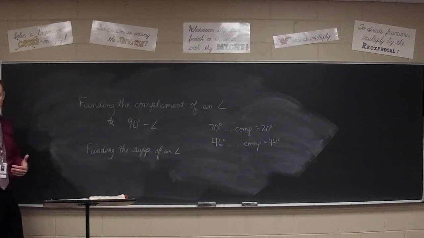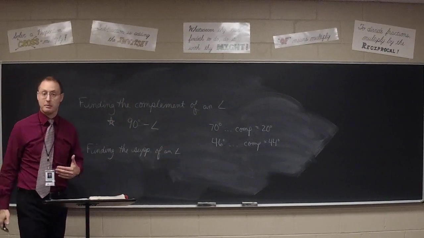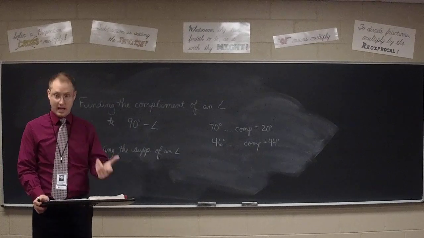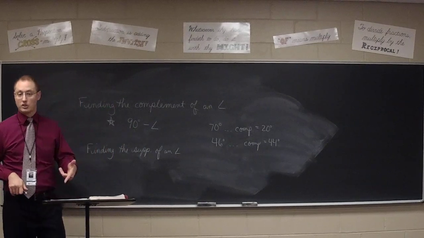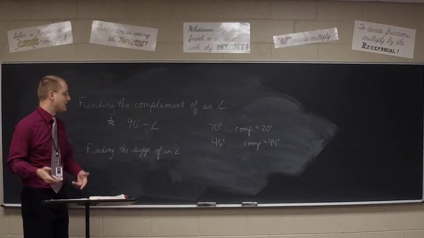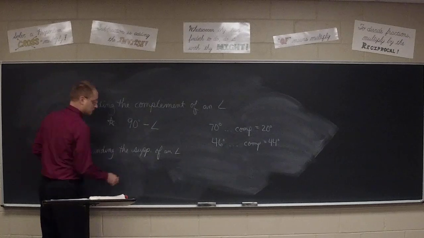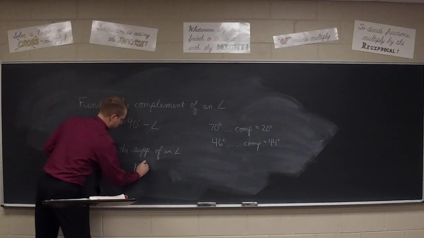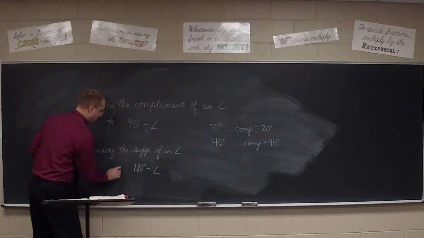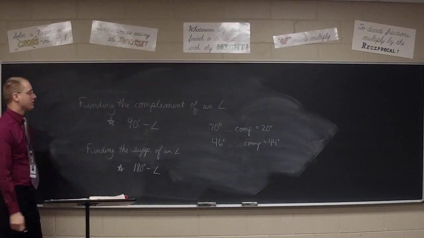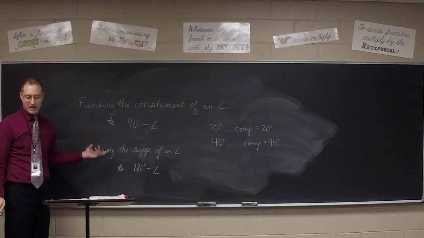Well, again, supplementary angles. That's two angles whose sum is a straight angle. So for a straight angle, since the sum is 180 degrees, my formula is going to be 180 degrees minus the angle. So instead of 90 minus, it's 180 minus.